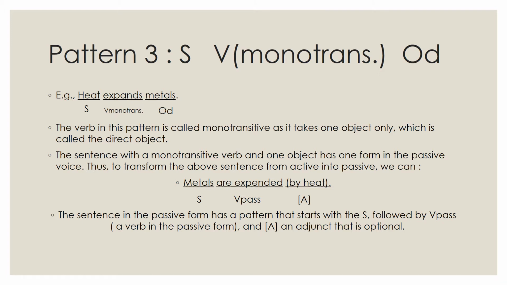Then by heat, it is an agent, okay, and you see it is put between two brackets, the by heat itself and the structural element that it represents, which is agent, capital A. Both of them are put between two brackets to tell you that it is an optional element. You can delete it from the sentence. This is pattern number 3.